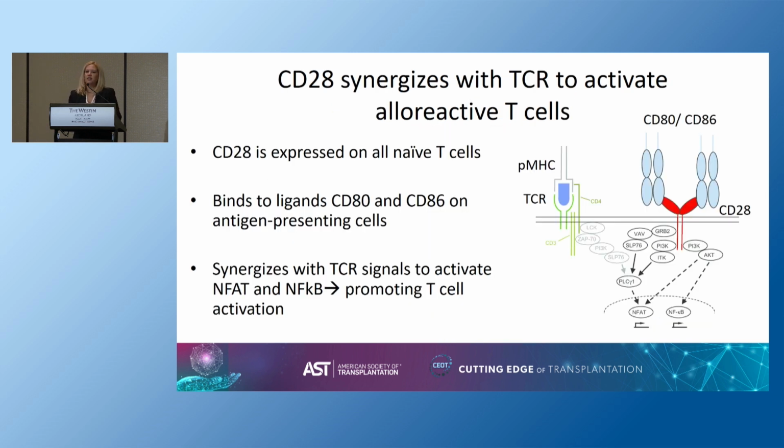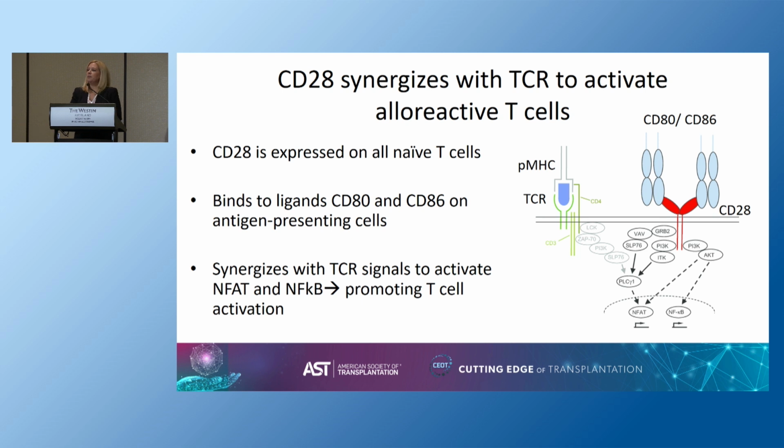For the rest of the time, I'm going to go through two examples of co-stimulation pathways that are critical for T cell activation and have been well studied in the field over the years. The first is the CD28 pathway, which is an extremely critical molecule that is required for T cell activation. It's expressed on all naive T cells.